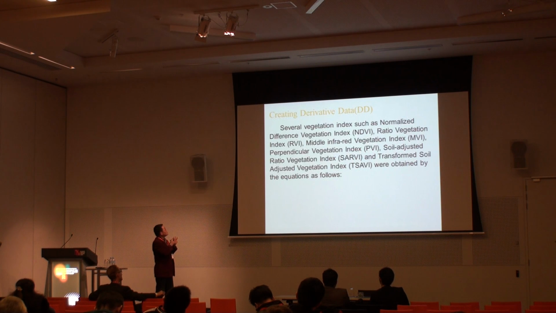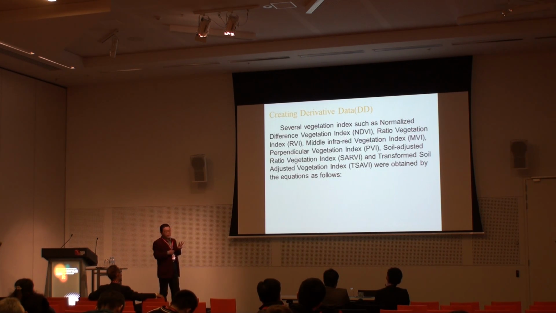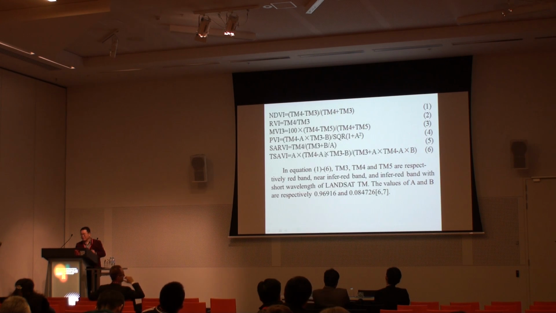We use several vegetation indexes such as NDVI, RVI, PVI, SARVI, TSAVI. Their equations are as follows. Here are the equations to create several vegetation indexes.